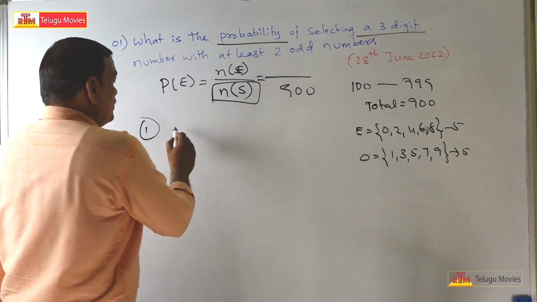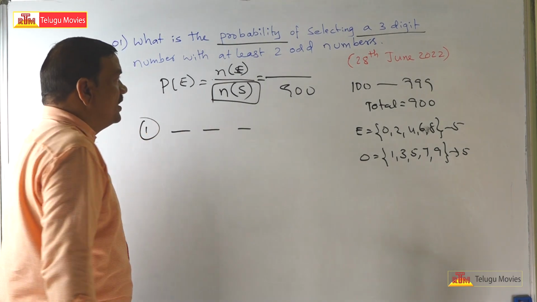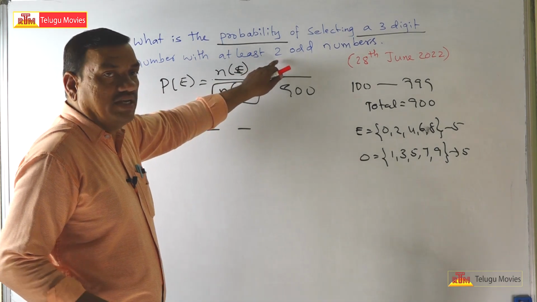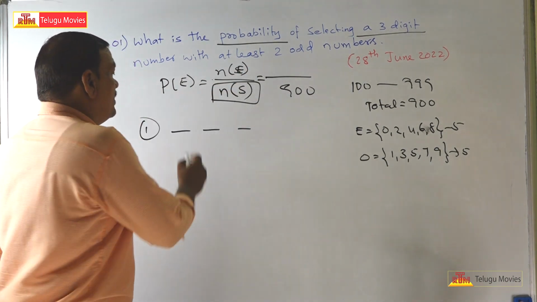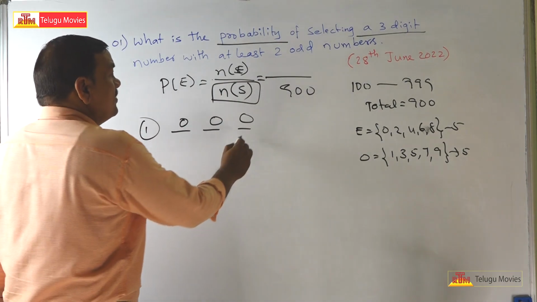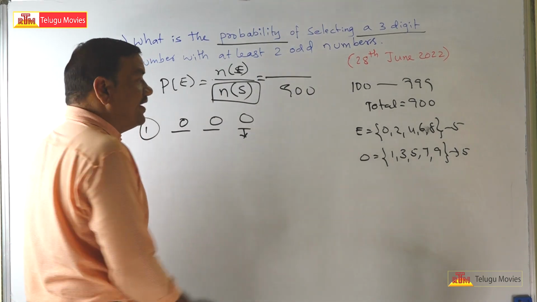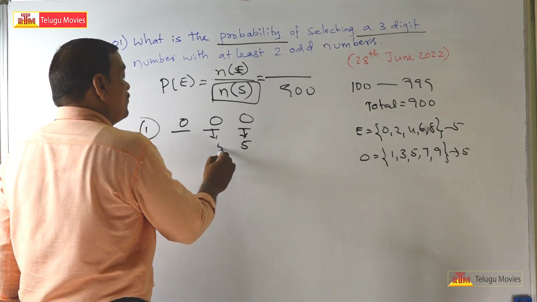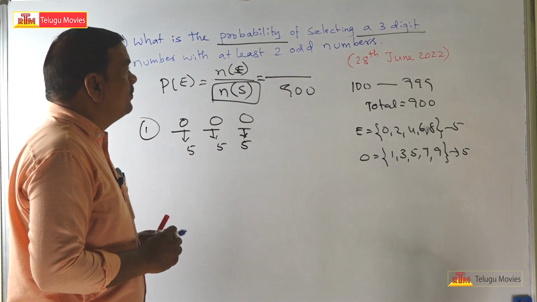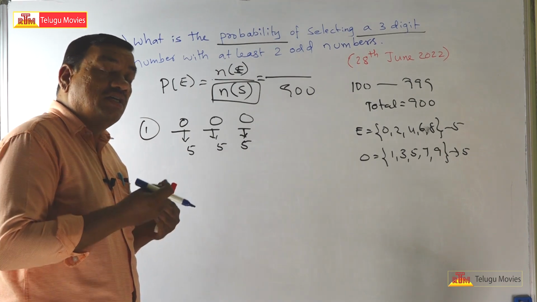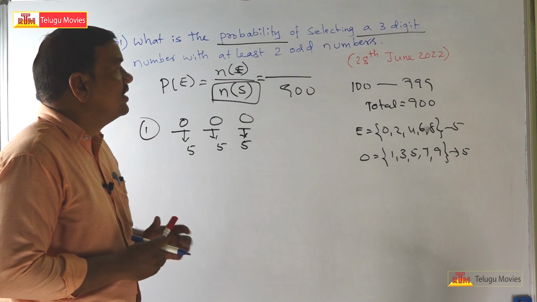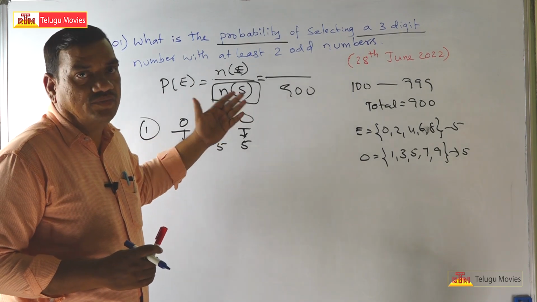Okay, take the first case. He is saying at least 2 odd digits, so let us take that all 3 are odd digits. Here this place can be filled in how many ways? 5 ways. This also 5 ways, this also 5 ways. It is not clear whether the digits are repeated or not, so I am saying that the digits may be repeated.